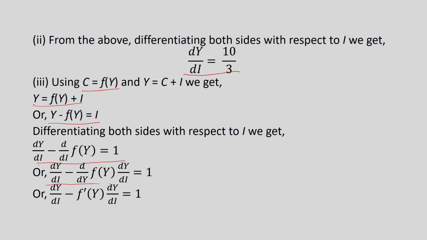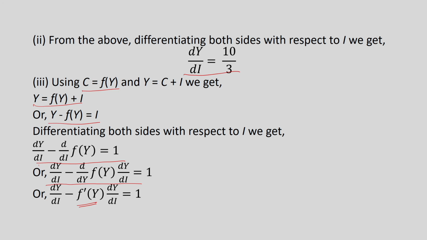And then I use the chain rule, right, dy di minus d dy of f y multiplied by dy di is equal to 1. So, I have broken this down into two parts, and then what is d dy of f of y? Let us suppose that is f dash of y multiplied by dy di is equal to 1.